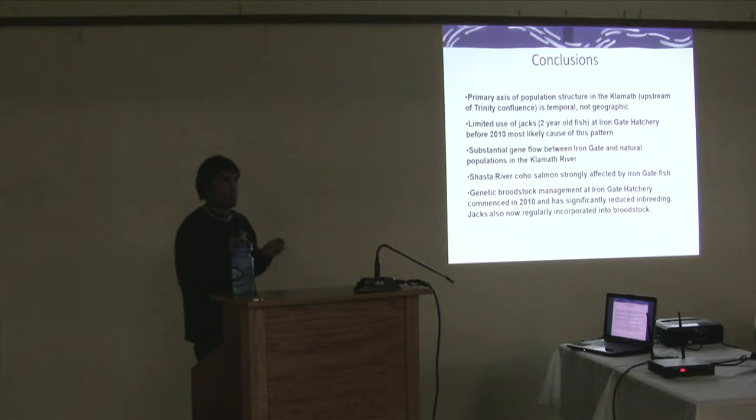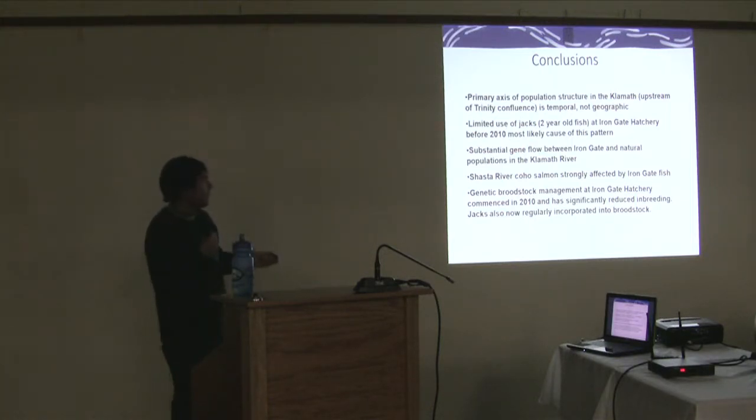A few still got through and limited, although not very much, the temporal differentiation that has built up here. We also have demonstrated substantial gene flow between Iron Gate hatchery and natural populations of Coho salmon in the Klamath River. Like it or not, it's happened. And in particular, the Shasta River has been pretty strongly affected by Iron Gate fish.